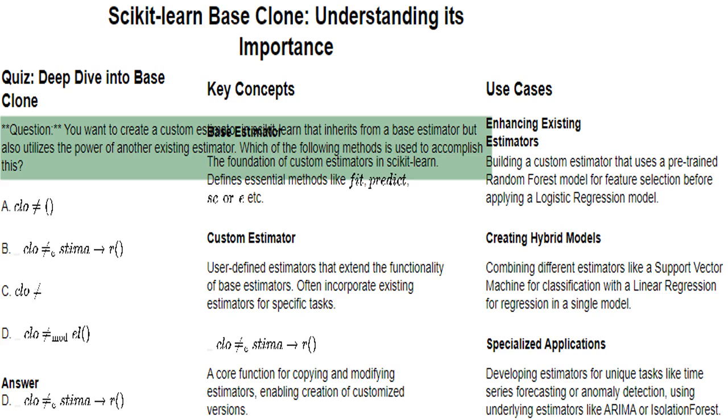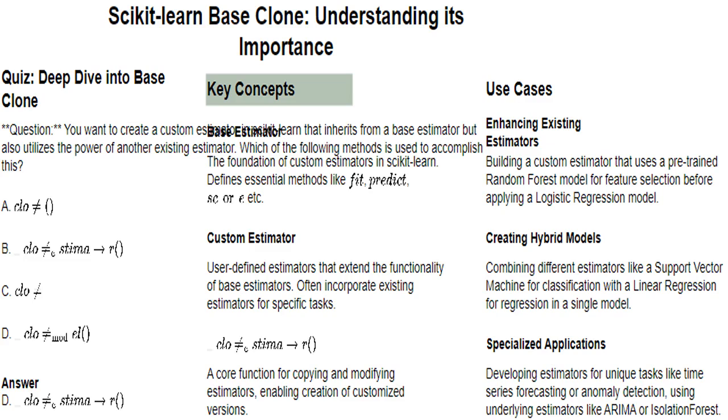This method is not directly used for creating custom estimators. It primarily serves for creating independent copies of existing estimators, ensuring that modifications to one copy do not affect the others. Key concepts. This is the core method for creating custom estimators.